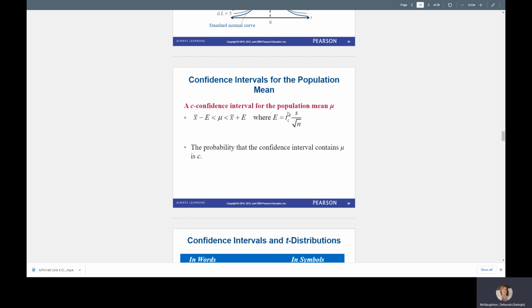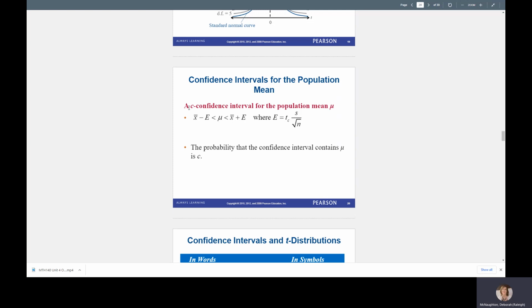So we replace the z with t. We're getting these values from the t distribution instead of the normal distribution. And this is the sample standard deviation s divided by the square root of n instead of sigma. So the difference is we replace z with t, and we replace sigma with s.